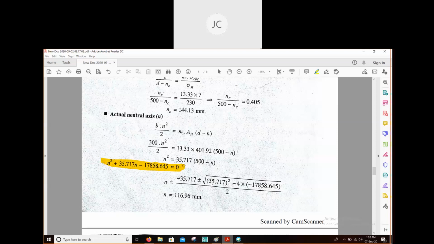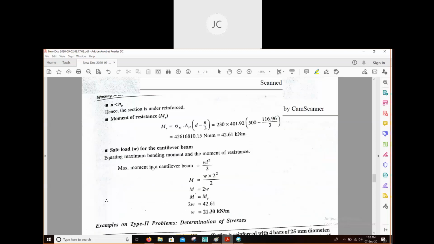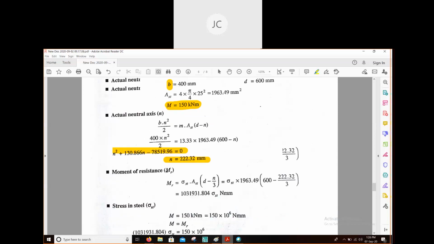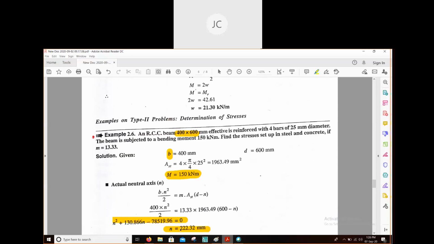In place of x, x means your unknown. So in this equation our unknown is n. I hope you have got this answer. So now we have got n, the depth of neutral axis, as 222.32.